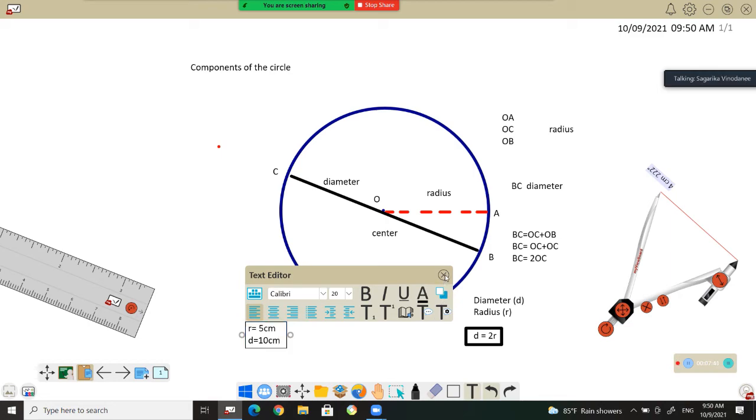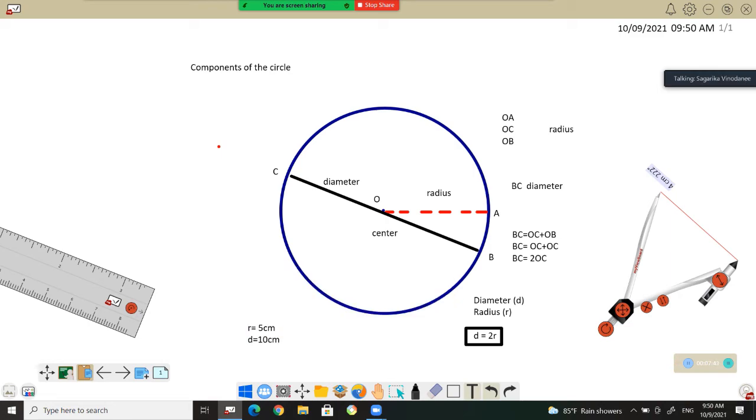So easy. You already know how to draw the circle, right? You take the length to the compass and paste the needle on the middle of the book. Then you can rotate the compass around that point. That's the circle. But here we have two components, radius and diameter.